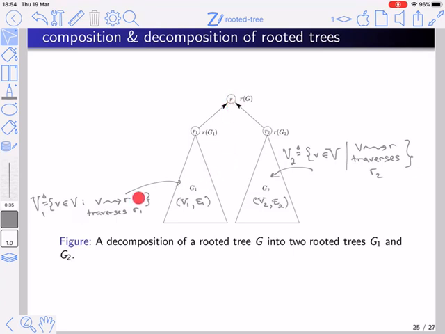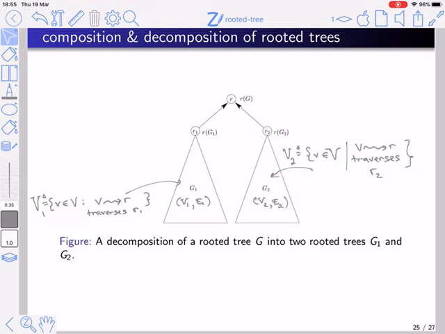Now, define V1 to be the set of all vertices such that the path from V to the root R traverses R1. So all the vertices that in order to reach R have to go through R1. Similarly, define V2. All the vertices whose path to R traverses R2.